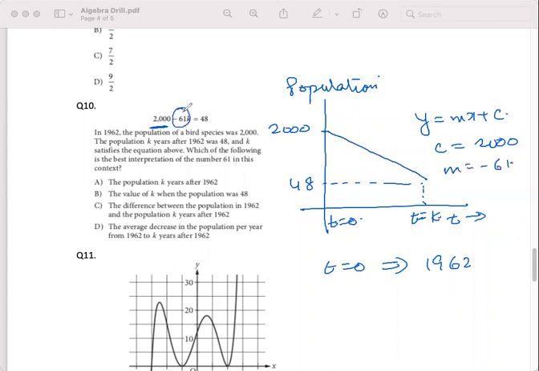Which means that the decline in population of the bird species per year is 61, right? So that is option D. The average decrease in the population per year from 1962 to k years after 1962, the average decline per year is 61, option D.